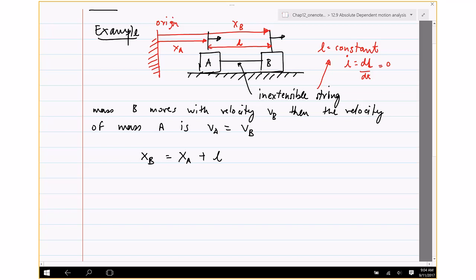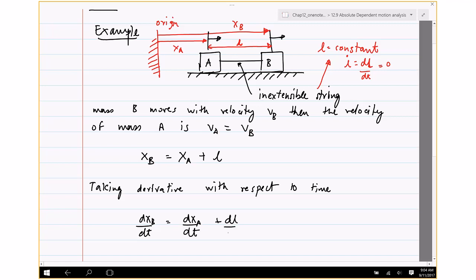So once you write that expression, then you take the derivative of the whole expression with respect to time, which gives me dXB/dt equals dXA/dt plus dL/dt.